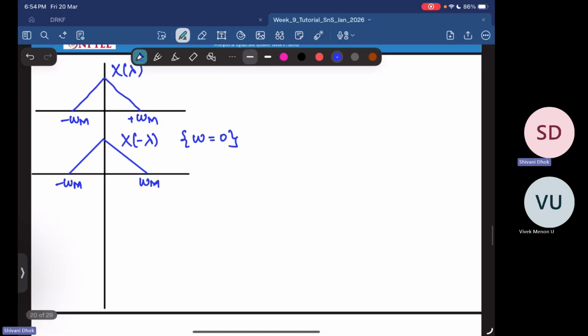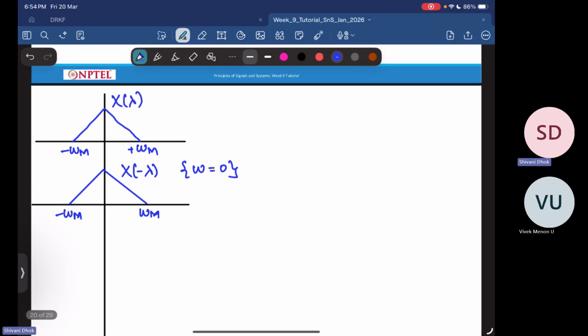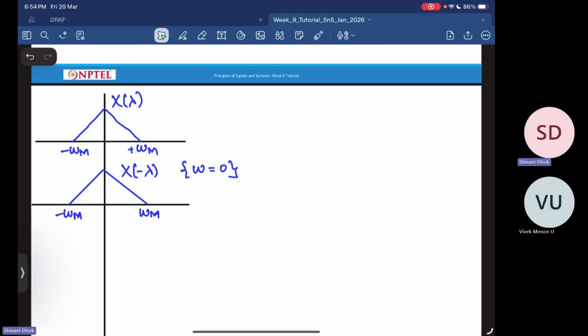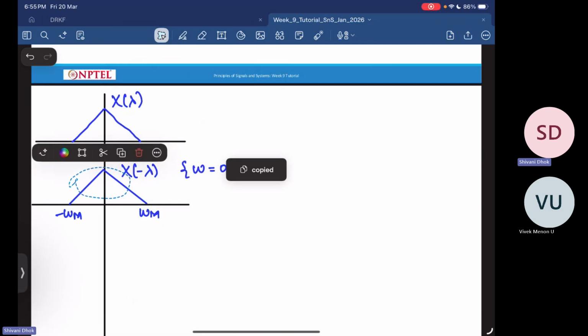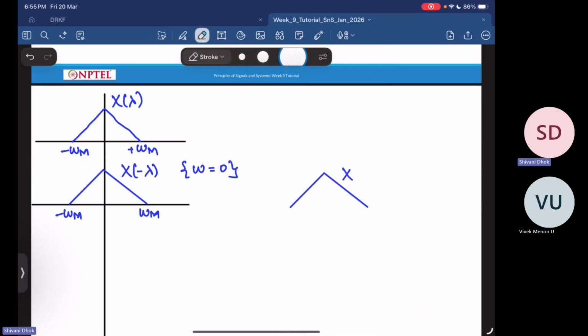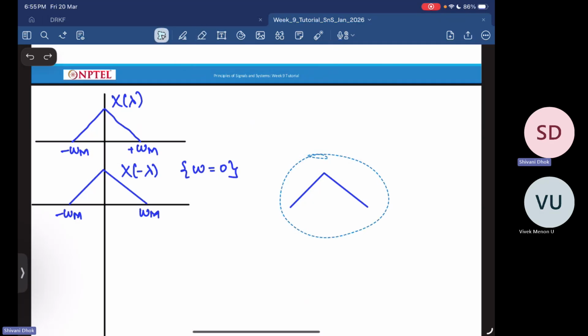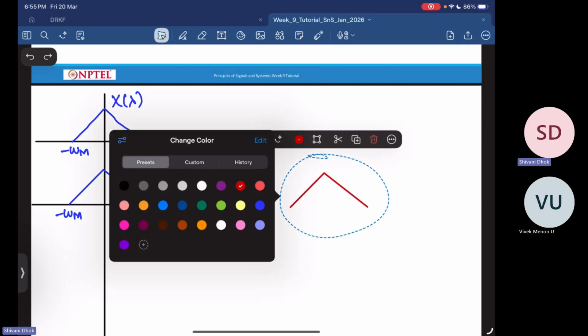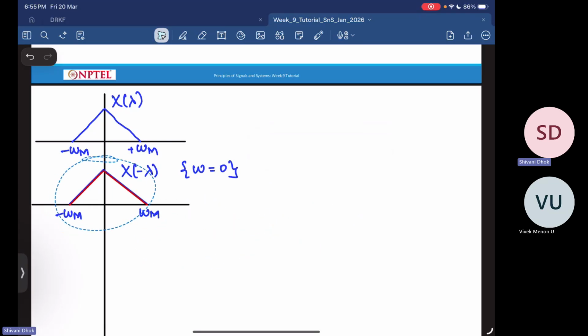Okay. Now, when you are convolving these two things, we need to look at the overlapping regions. Okay, this is your X of minus lambda.